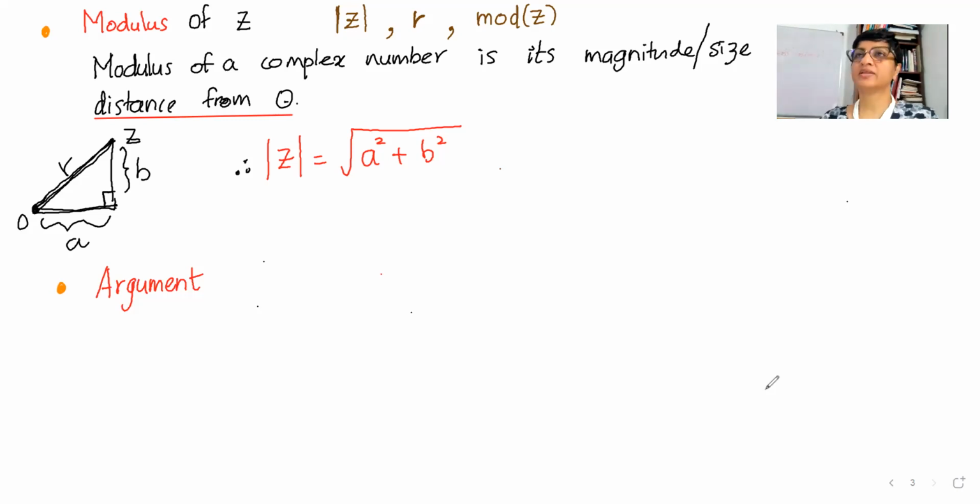We can talk about the real part of your complex number, the imaginary part, the modulus, and something called the argument of your complex number. And what is that? Argument of Z is just that angle that I marked, theta.